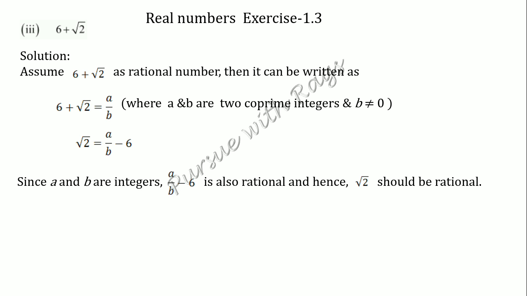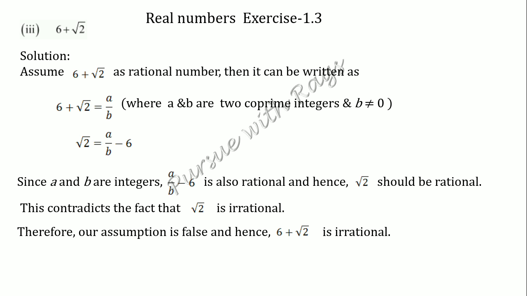So, a by b minus 6 is a rational number. Therefore, root 2 should also be a rational number, right? So, this contradicts the fact that root 2 is irrational. Therefore, our assumption is wrong here. Hence, 6 plus root 2 is an irrational number.